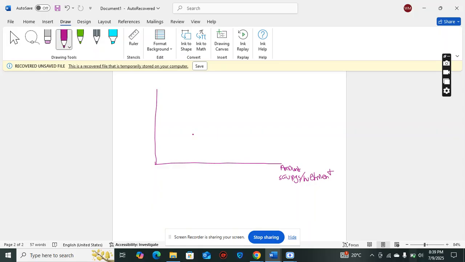On the y-axis, you have your interest rate.